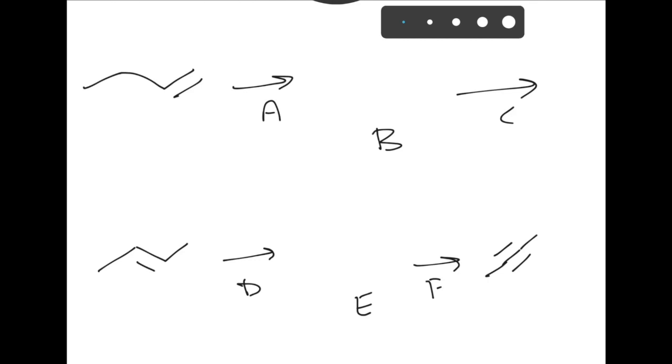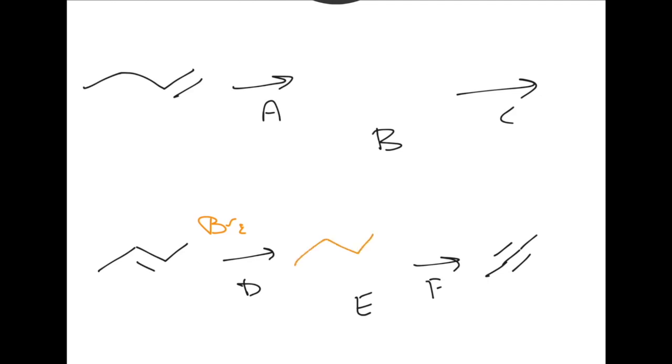This is something we should have down: double bond, brominate it with Br2, use 2 equivalents of KOH and heat.